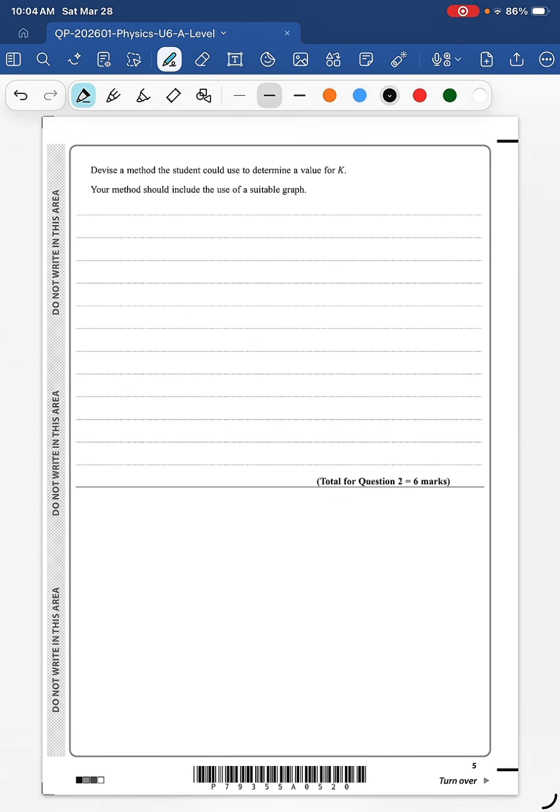Okay, and this is a 6-mark question, so we have to provide about 6 points, 6 sentences to describe the experiment.